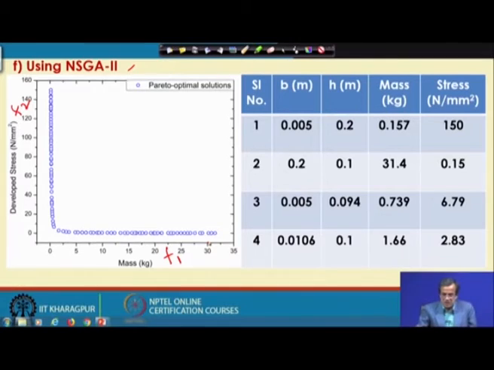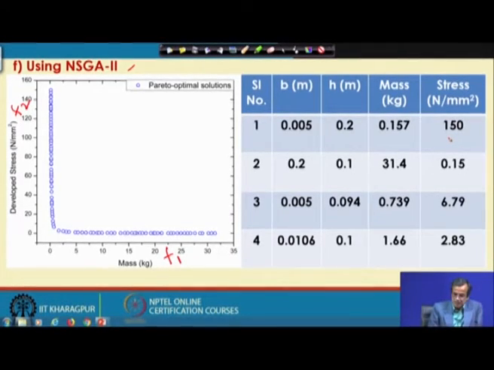On this particular table, we are going to show some of the values of the design variables corresponding to the optimal solution. For example, if you see solution 1, B is 0.005, H is 0.2, mass is found to be equal to 0.157 and the developed stress is 150 MPa, Newton per millimeter square.